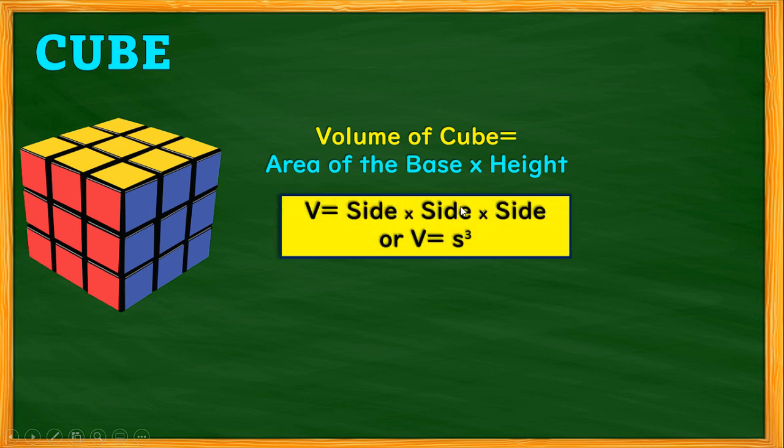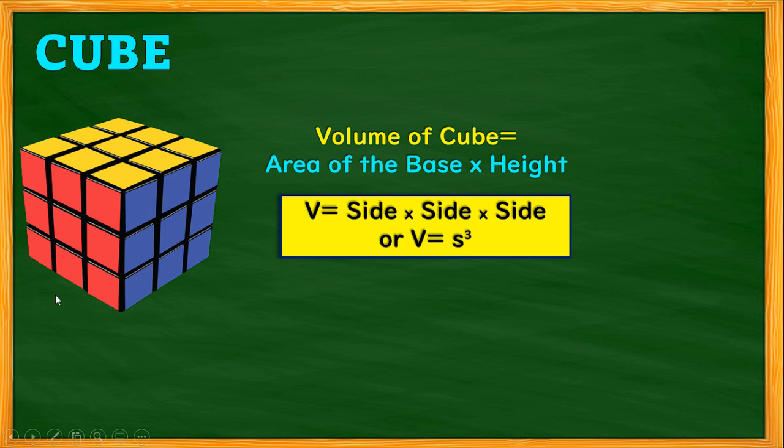The area of the base for this one is side times side, right? So side times side multiplied by the height. Height is also the side. So it would be equivalent to side times side times side, or V is equal to s cubed.